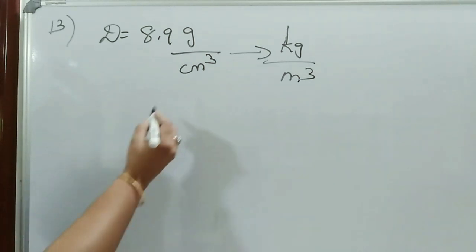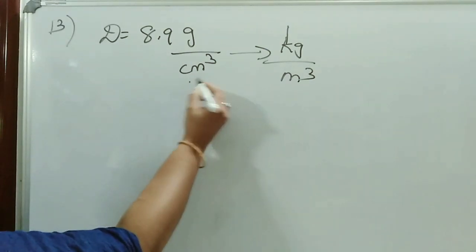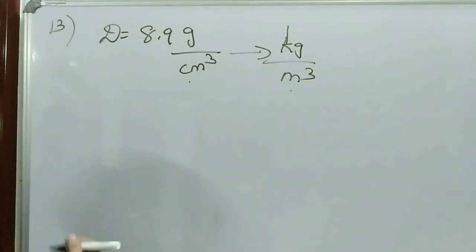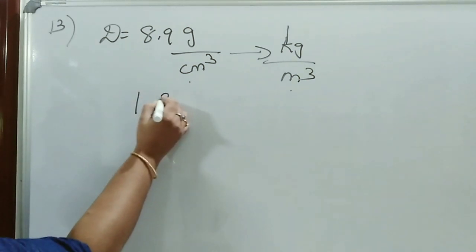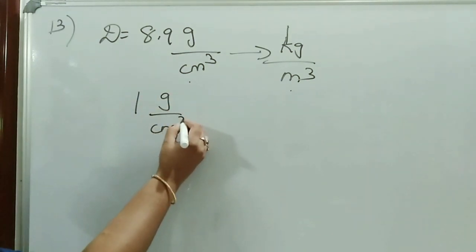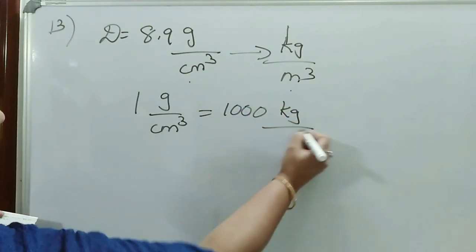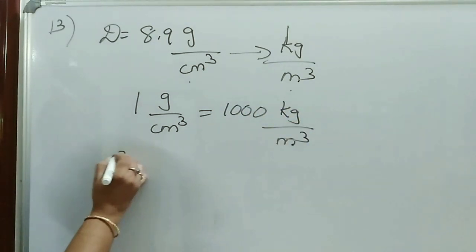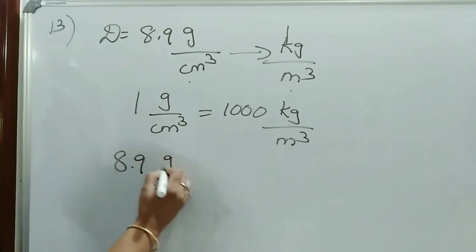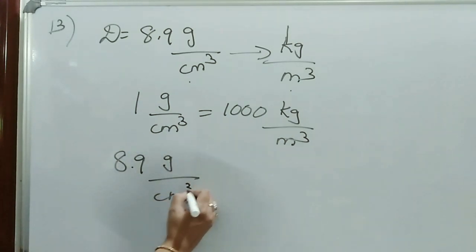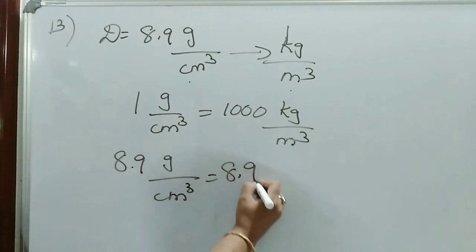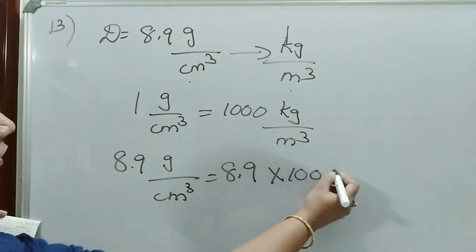We are just asked to convert gram per centimeter cube to kilogram per meter cube. What we have to do? We have the formula 1 gram per centimeter cube is 1000 kilogram per meter cube. So 8.9 gram per centimeter cube equals 8.9 into 1000.